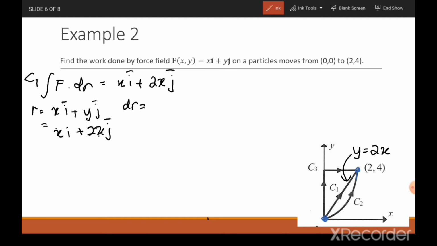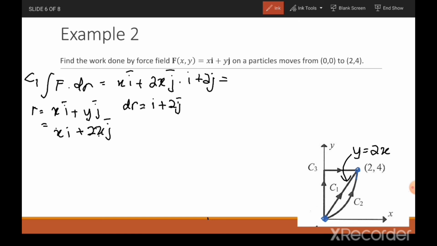Then to find dr, if we differentiate x we get 1, and if we differentiate 2x we get 2, so dr is i plus 2j. Then I include the dr here.